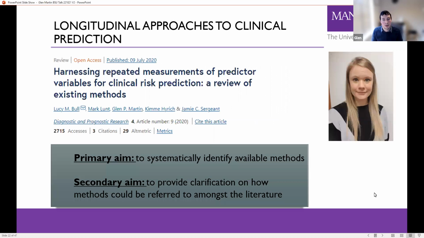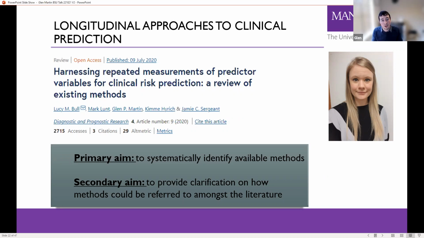And so this is Lucy Bull. She's a final year PhD student working with me and others in Manchester on this concept of how to utilize longitudinal approaches in risk prediction modeling.